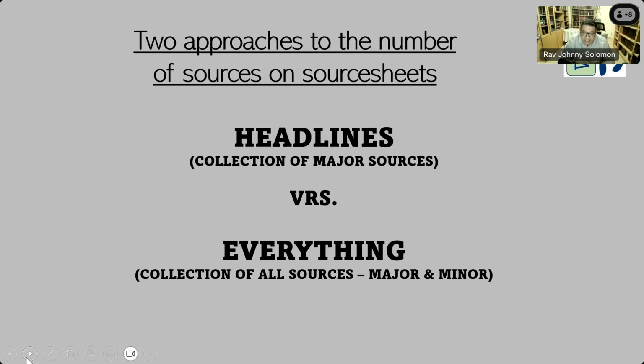Now, to be clear, there are pros and cons of both of these. Many people appreciate the headlines approach, and many people appreciate the everything approach. And oftentimes it's simply a question of, if I gave you everything, the handout would be six or seven pages, and that becomes nigh impossible. And so instead, I'm going to give you the headlines.